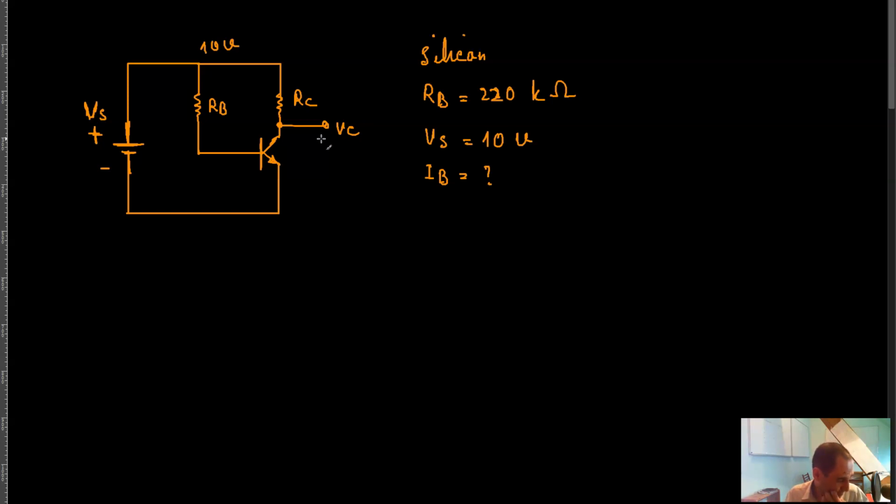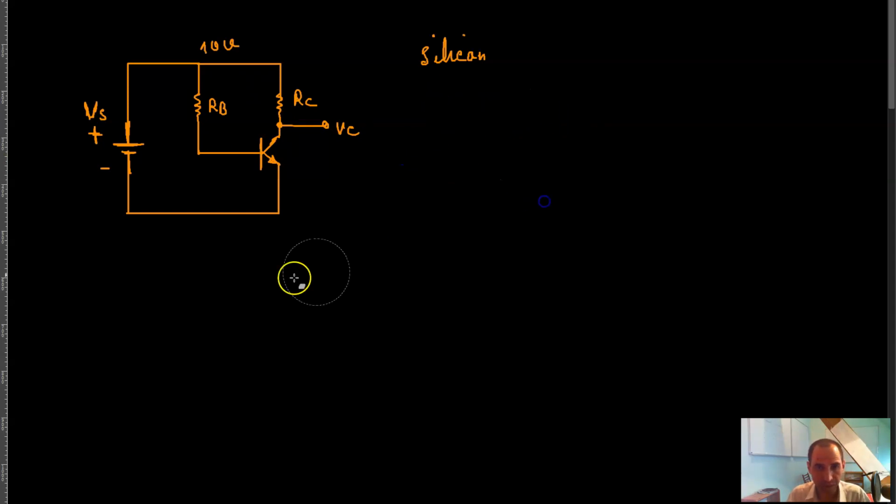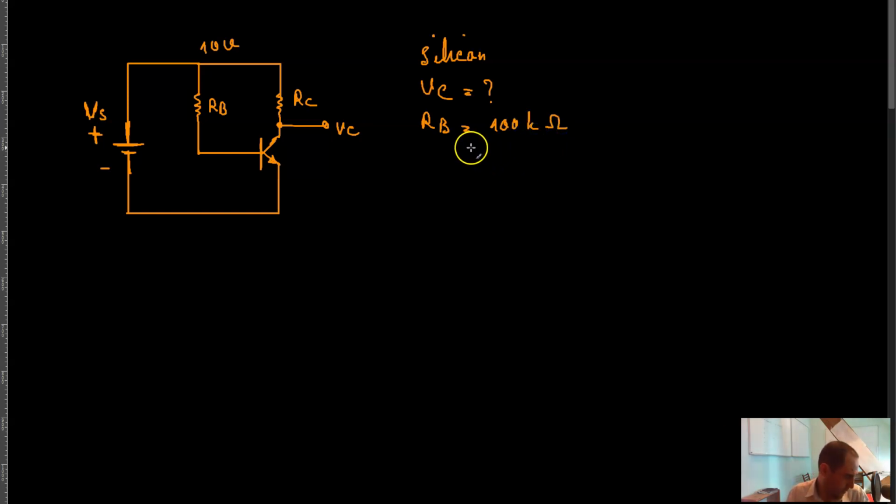Now, suppose that you have the same silicon transistor, and you want to calculate your V of C if R of B is equal to 100 kilo ohm, V of S is equal to 10 volts, R of C is equal to 1 kilo ohm, and beta is equal to 50.